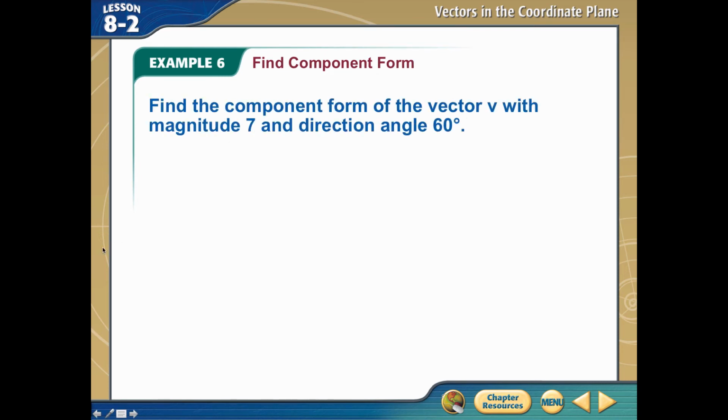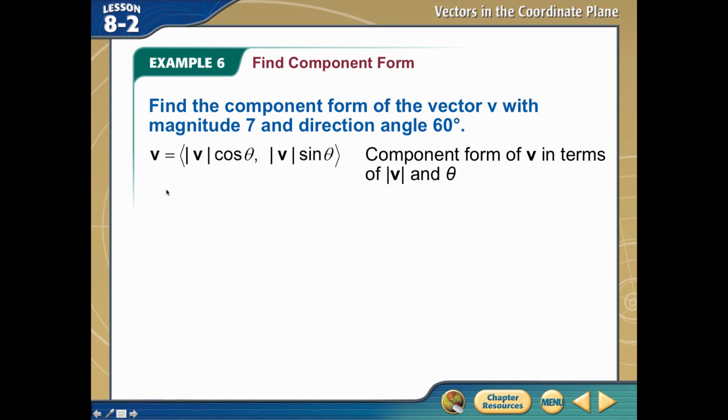Okay, now, if you are given a magnitude and direction, how do you turn that into component form? And I will caution you, draw the triangle. Make sure it's in the right quadrant, because you need to make sure that you end up in the right quadrant with your answer.